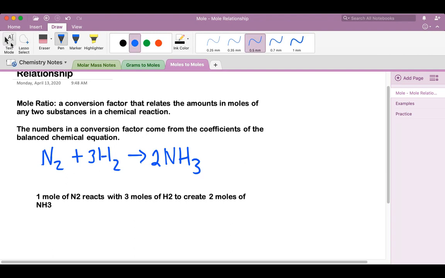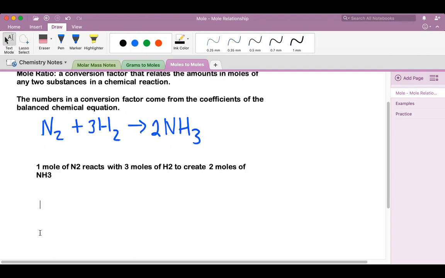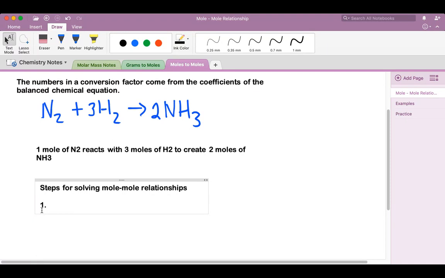So now let's go over what are the exact steps that you're going to take solving these problems. So step 1, make sure that the equation is balanced.